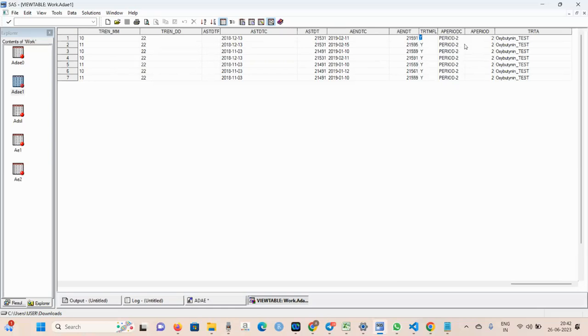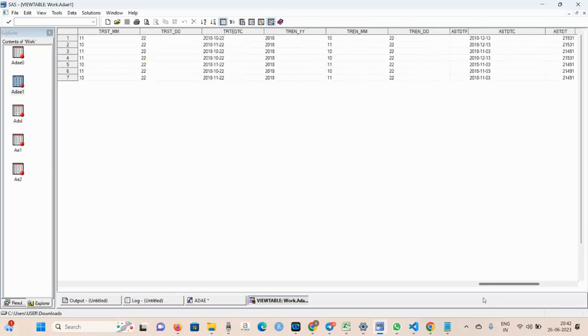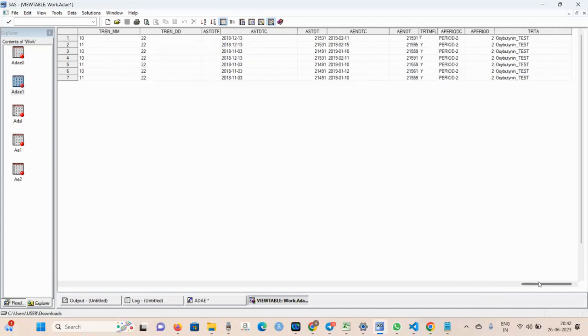And most of them are period 2. Most of the adverse events happened in period 2. If there is nothing after period 1, I don't understand why everything is period 2. And the analysis period is 2, and most of them are on the test drug.